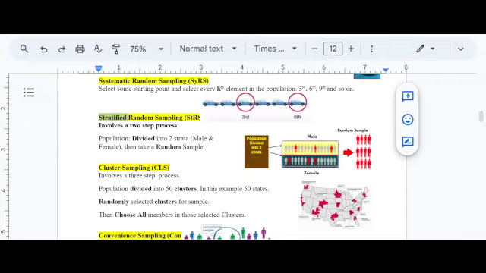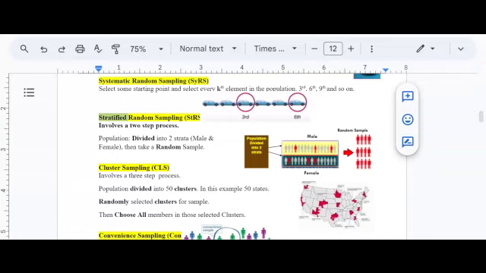For the stratified, you have to divide into 2 groups, and then randomly select. You see the difference? So we have 2 stages. Stage 1, stage 2. But for the systematic, how many stages? Just number 6, number 12, number 18, every 6th person.